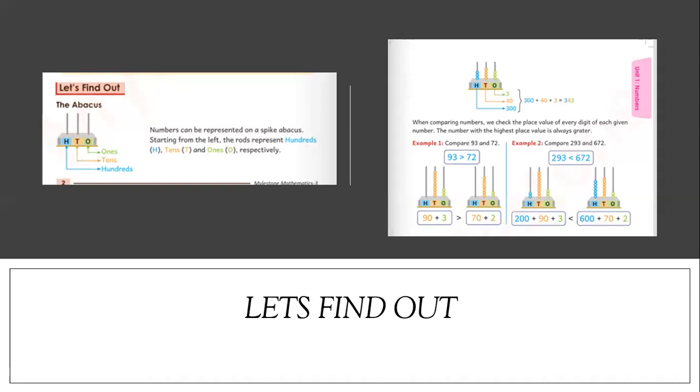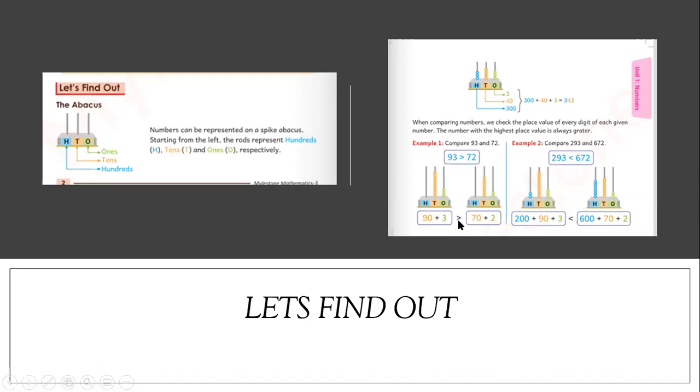Okay, now let's go for another. Just see this example also, children. Compare 93 and 72. They have done the abacus rings over here. 90 plus 3, 9 tens and 3 ones, right? And 7 tens and 2 ones.